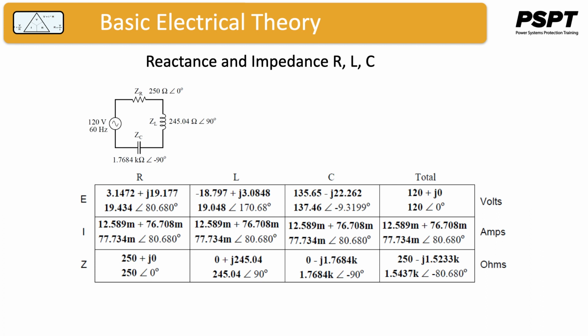So we have successfully used Ohm's law and complex numbers or phasors and impedances to calculate and solve for the current and the voltage drops in a series RLC circuit.